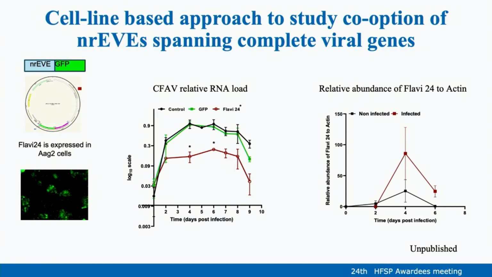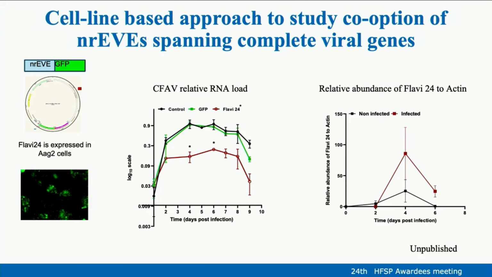And just briefly, what I'm showing is that when we tag one of these viral integrations with GFP, we transfect a cell and then we infect them with a virus. We are using Cell Fusing Agent virus, which is a flavivirus, but it is an insect-specific virus, so it infects only insects. We see that in the presence of this viral integration, we see a decrease of Cell Fusing Agent virus.